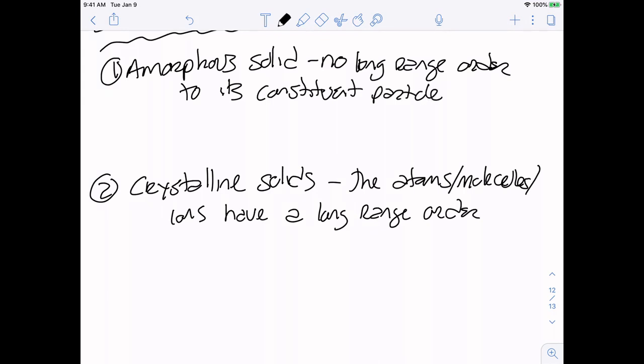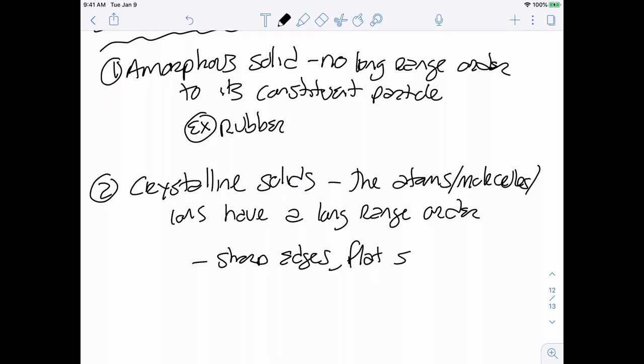An example of an amorphous solid, sometimes it's easier if I just give you an example, is rubber. You don't think of rubber as having sharp edges or flat sides, it's just kind of a blob, it doesn't have a pattern. Whereas these guys have sharp edges, flat surfaces, etc. So amorphous versus crystalline.